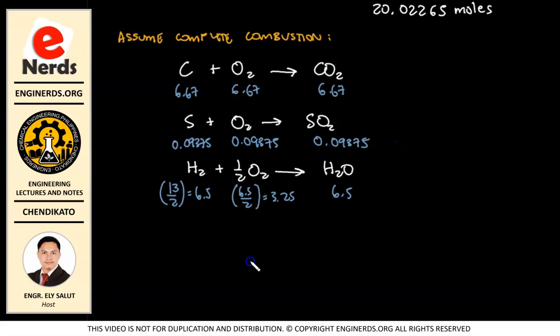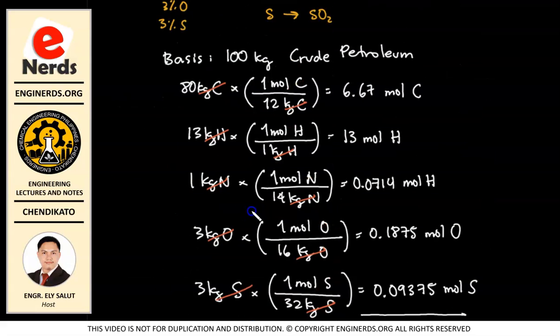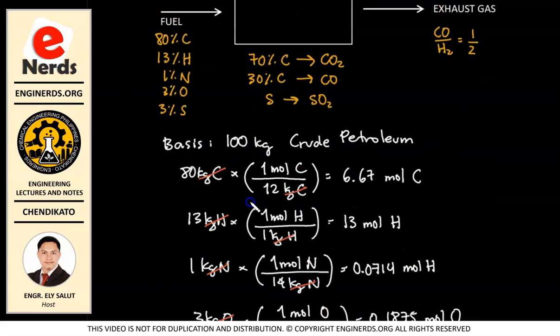Now we can calculate the theoretical O2, because theoretical O2 is the amount of oxygen consumed for complete combustion. So we are just going to add all of these to get our theoretical O2. But we have to remember that we already have oxygen in our fuel.